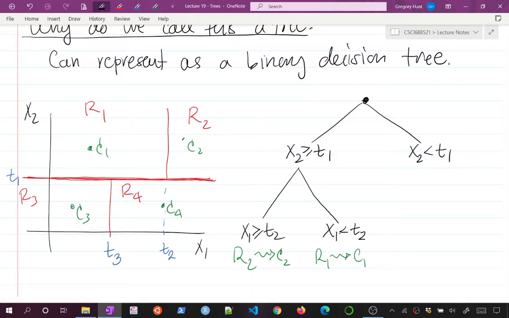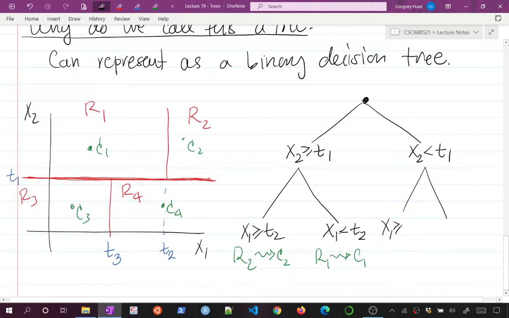And we could play this game with the other node, right? If x2 is less than T1, I'm below this middle red line. And then I'm either to the right or the left of T3.